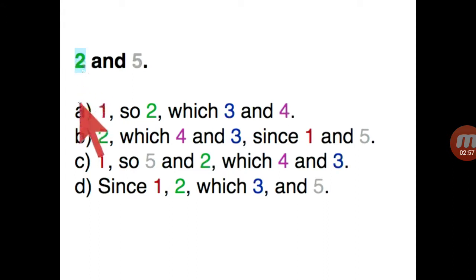So we look at our answer choices and we see that A has 1, so 2. Alright, I see 2, A stays. B, 2. Okay, don't even need to read the rest. B stays because it has 2. C, 1, so 5, and 2. Okay, has 2, it stays. D, since 1, 2 stays.